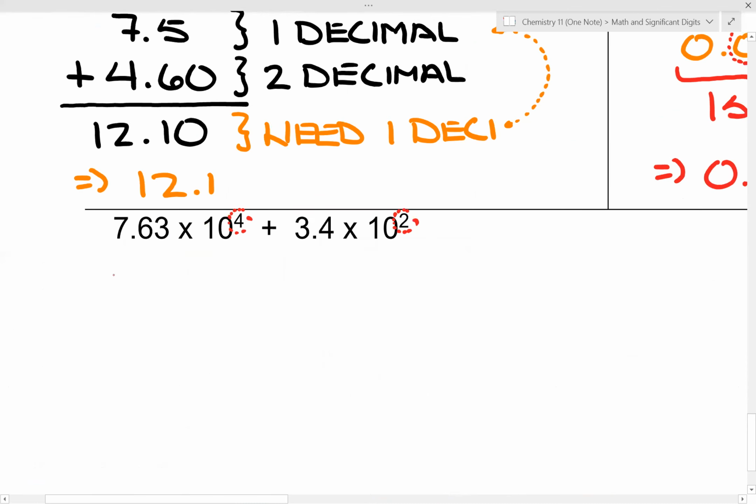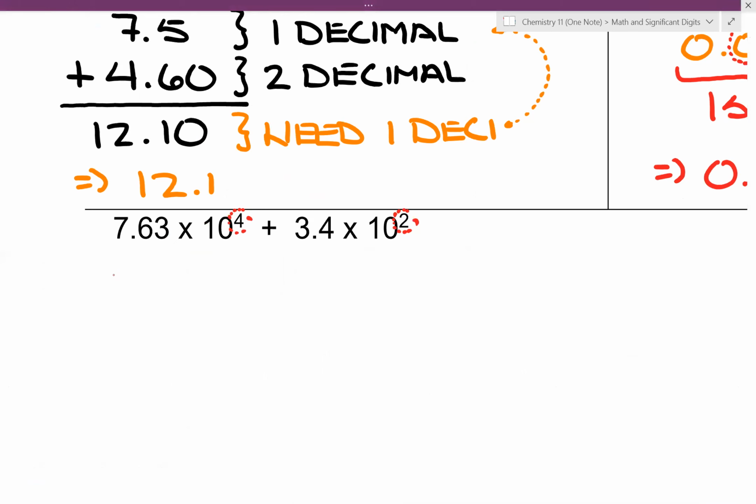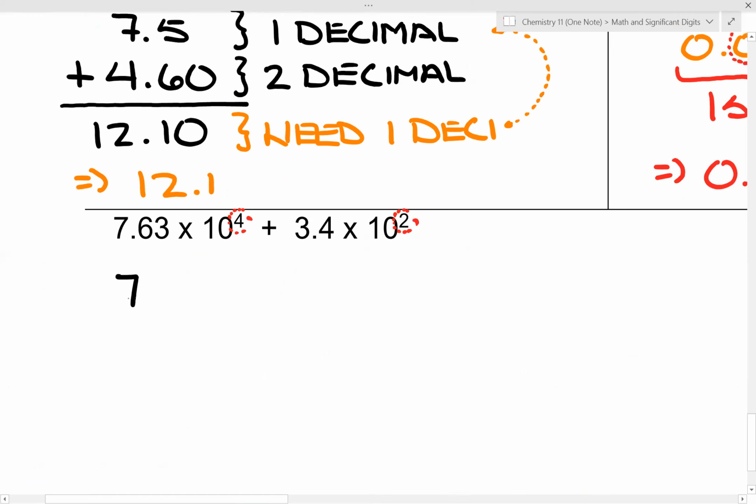So I'm just going to rewrite it in a different form. We have 7.63 times 10 to the 4. And then we add to it, in this case, I'm going to change the 3.4 times 10 to the 2 to 3.4 times 10 to the 4.